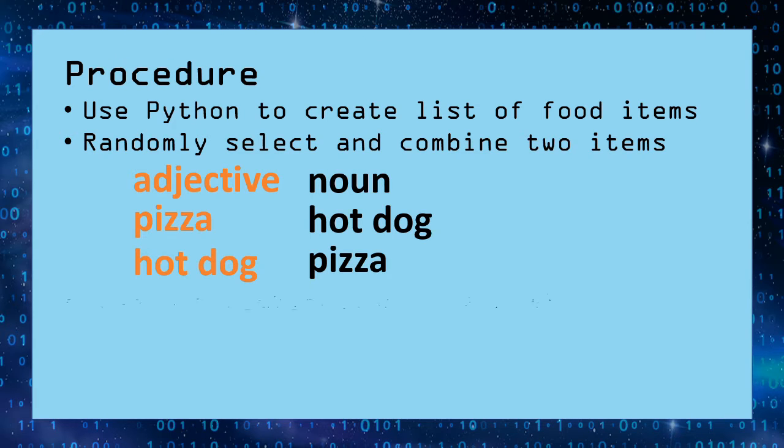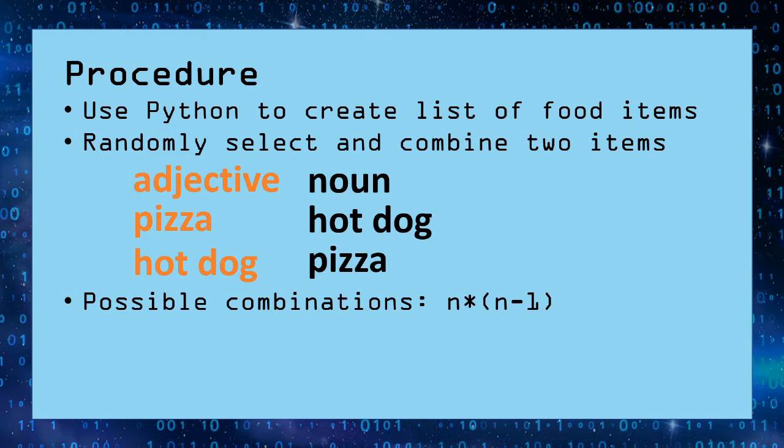So, given this setup, the possible number of combinations is going to be n, the number of food items, times n minus 1. For my first attempt, I made a list of 100 food items. So that's going to be 100 times 100 minus 1, which is 9,900. So a world of random food combinations here.